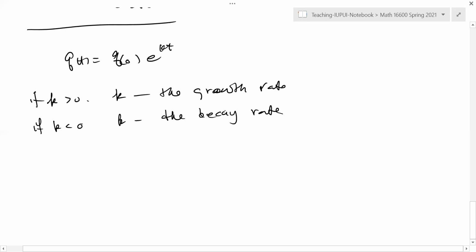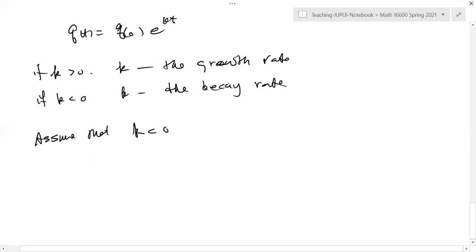But the radioactive material, it's there. Usually we don't touch it, so the constant will not change. So it's decay. Right now we assume that k is negative, okay?